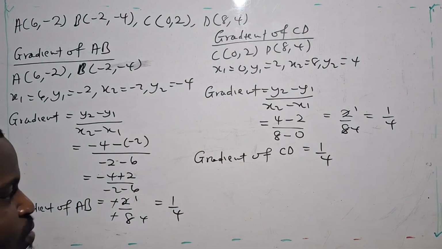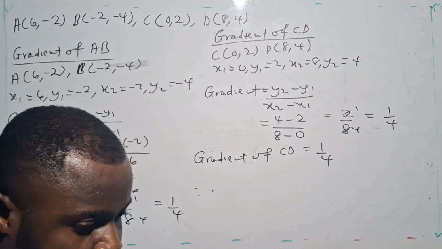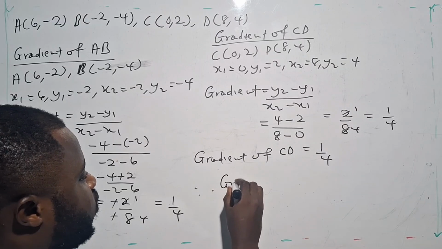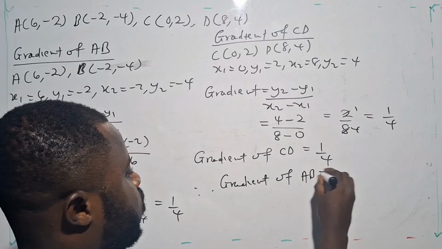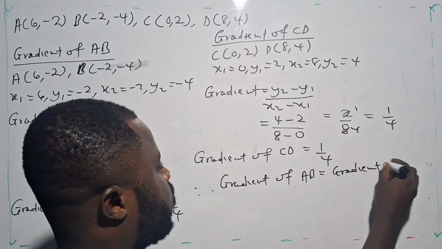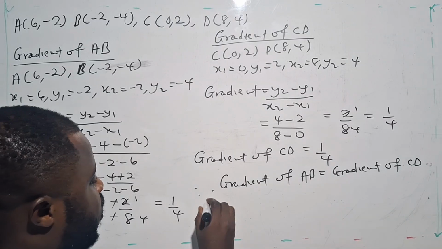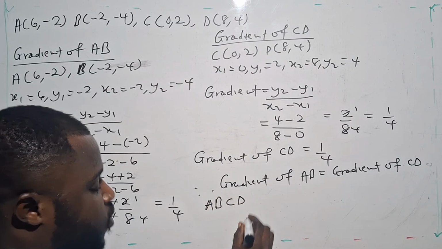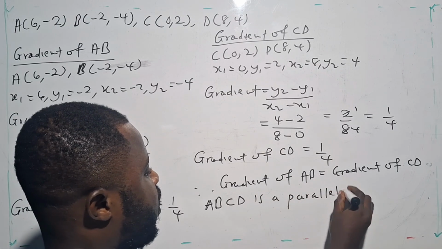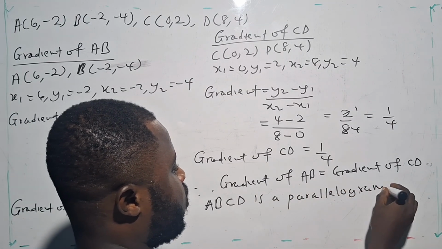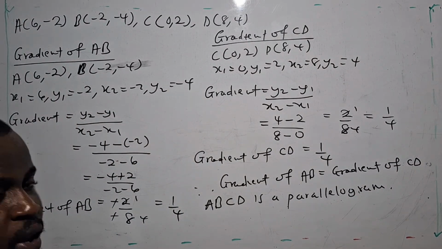If you have gotten the same gradient, you conclude by saying, therefore, since the gradient of AB is equal to the gradient of CD, we say that ABCD are vertices of a parallelogram.